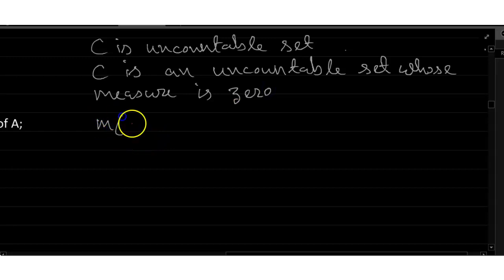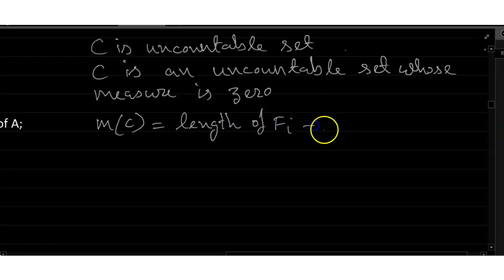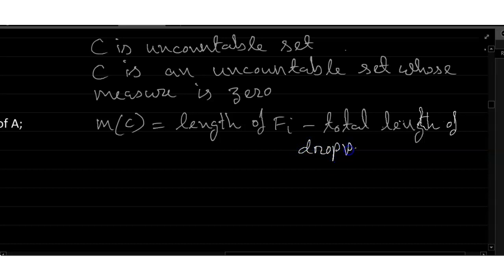The measure of C is equal to the length of F1 minus the total length of the dropped intervals. The length of F1 equals 1, and the dropped intervals are 1/3 plus 2/9 plus 4/27 and so on.